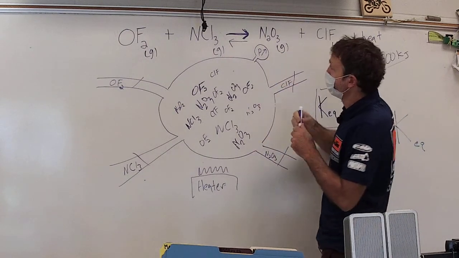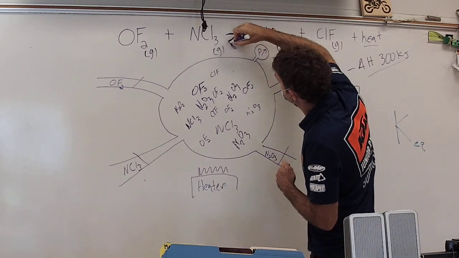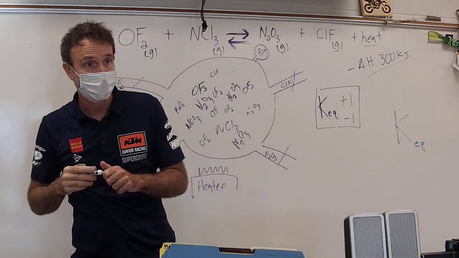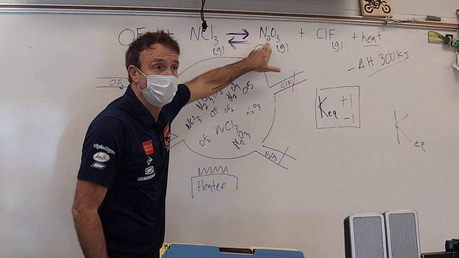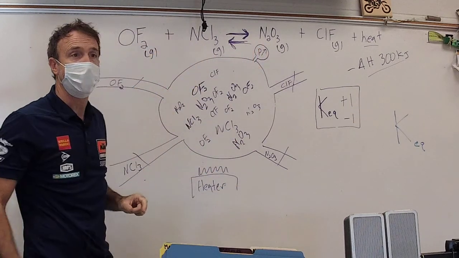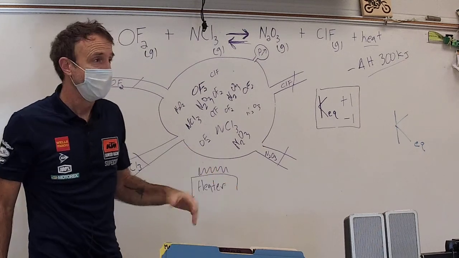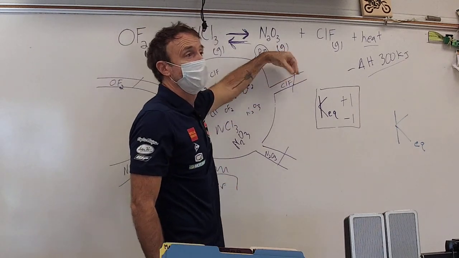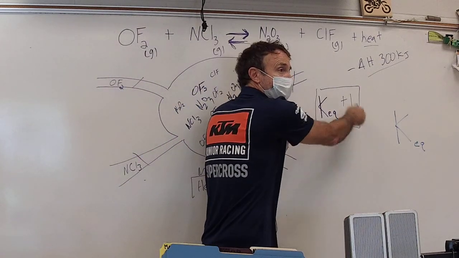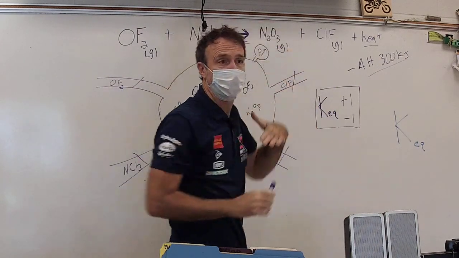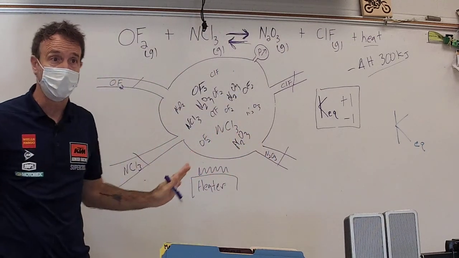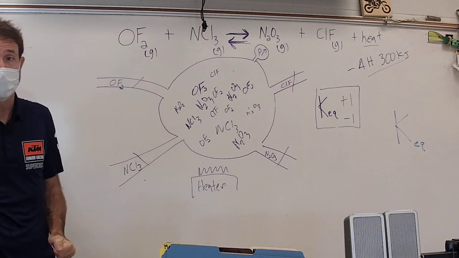If you add some more product, then you get a brief shift to the left, because now you have more opportunity for molecules in there to break down back into these guys, correct? So if you add a product, you have a shift to the left, and then it balances itself back out, and the forward and reverse reactions are equal again. Everybody feeling that? I'm going quickly because we've already talked about this, even though it is a fairly difficult concept.